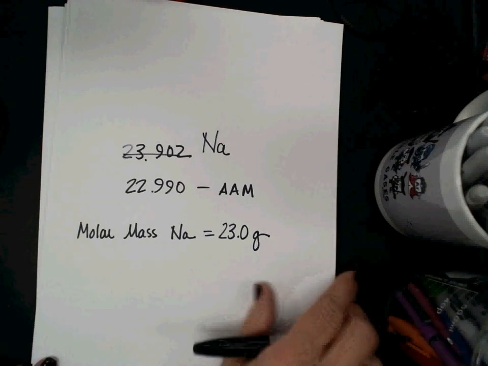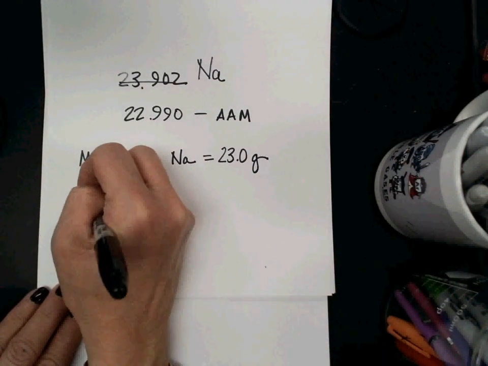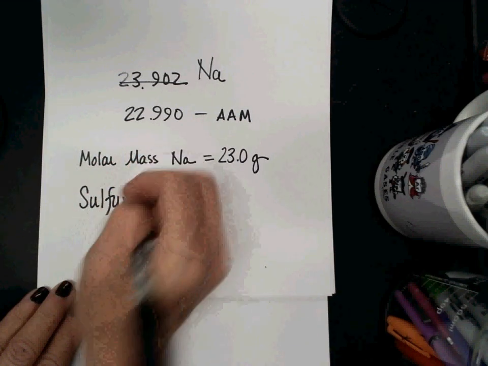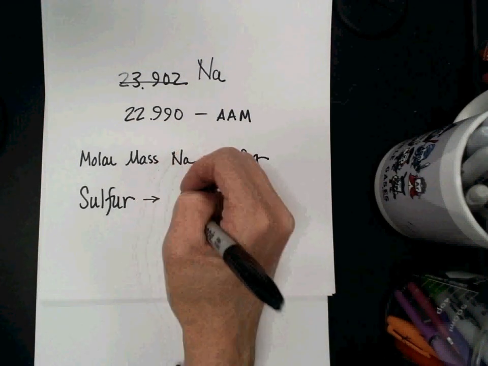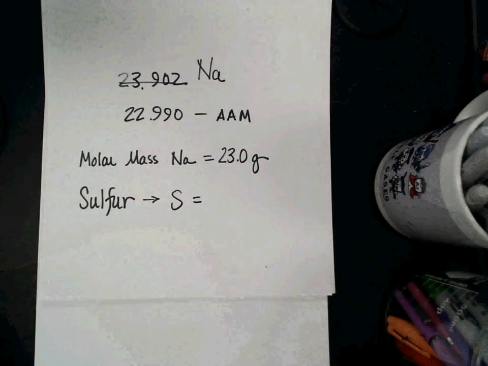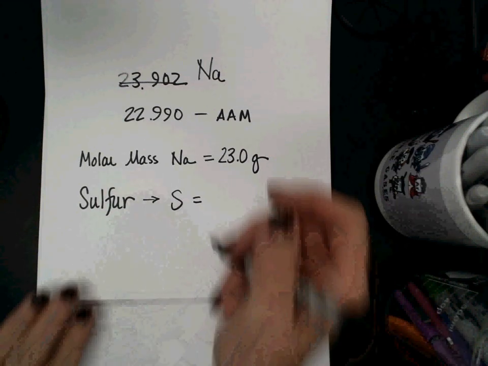Now let's do that for one more. Let's do sulfur. Tell me what the molar mass of sulfur is. JT, what's the molar mass of sulfur? Does it round at all? 32 point what?